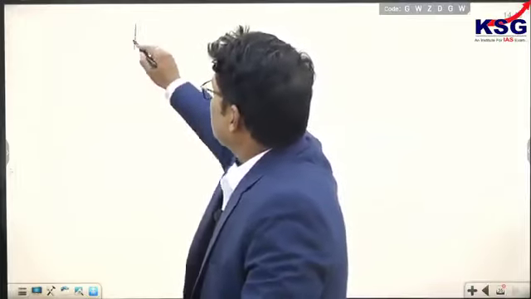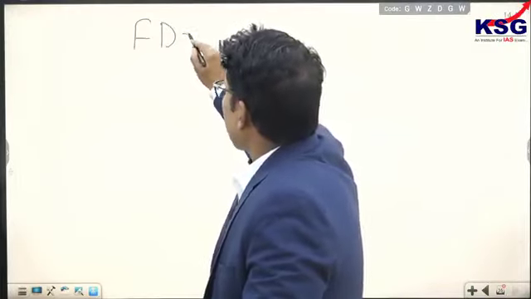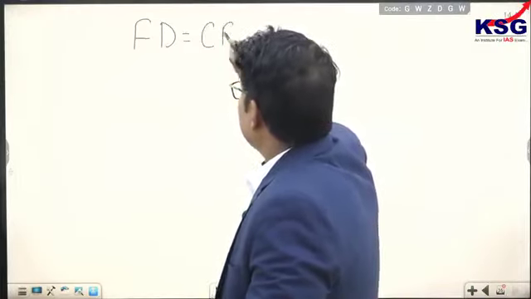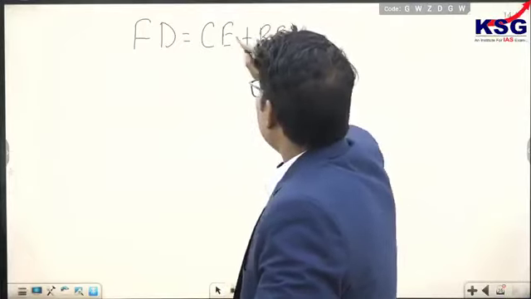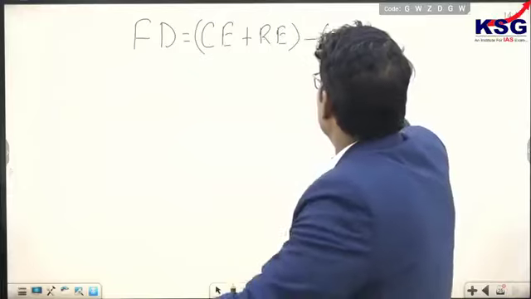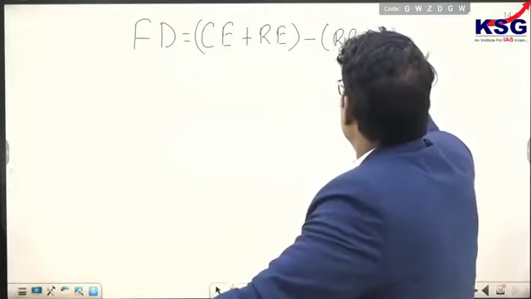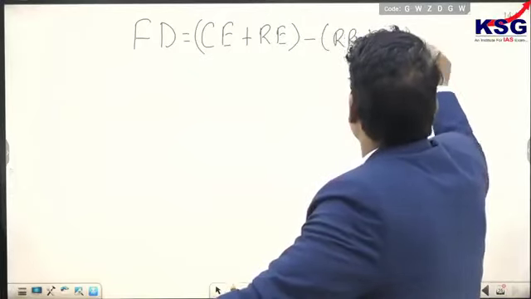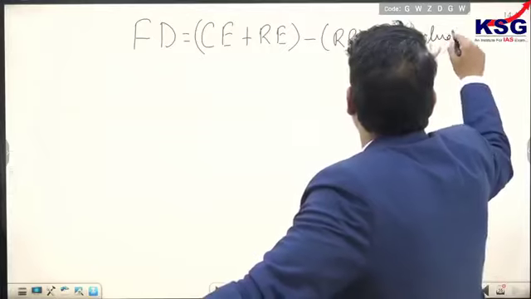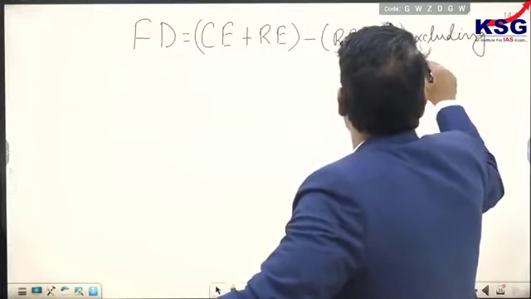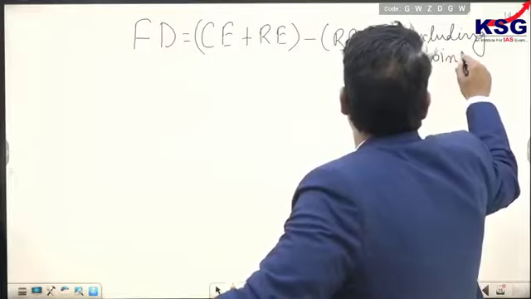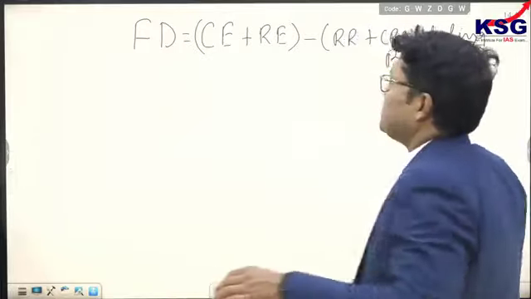FD, the fiscal deficit, you write as CE, capital expenditure, plus revenue expenditure, minus revenue receipts plus capital receipts excluding borrowings. That you can write.